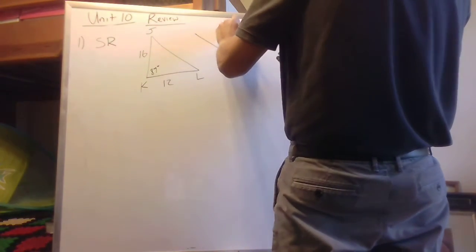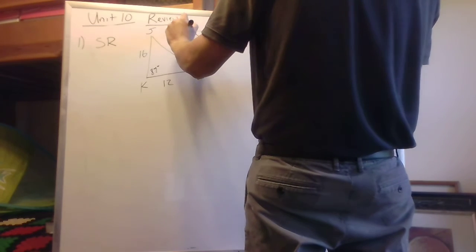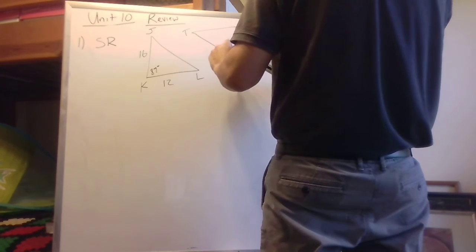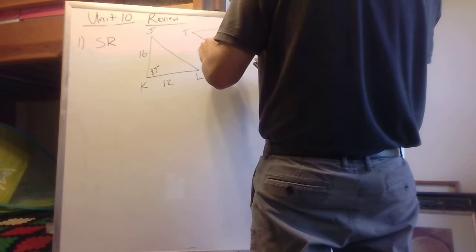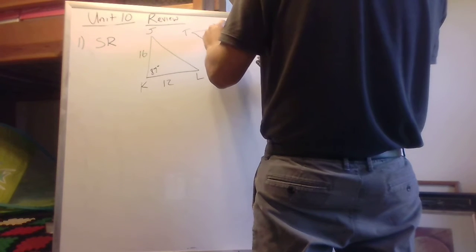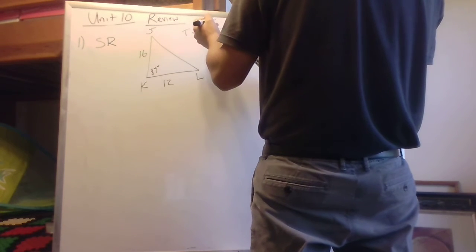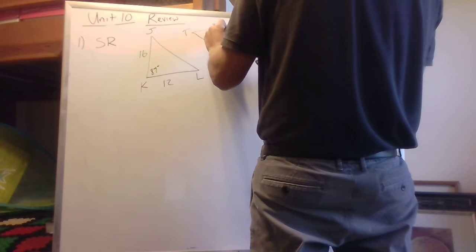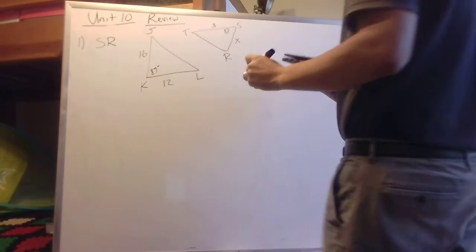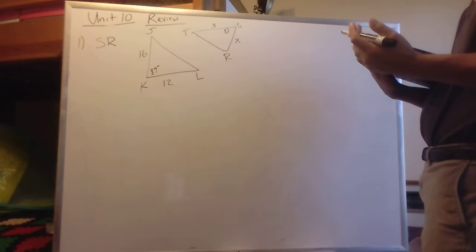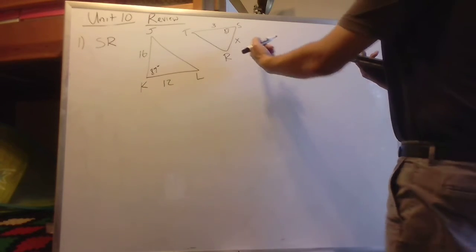And then we have this other similar triangle, T, S, and R. And it says 3 for TS, X is side SR, and 87 is angle S. So it wants us to identify the similar triangles and find each measure. So it wants us to find SR.